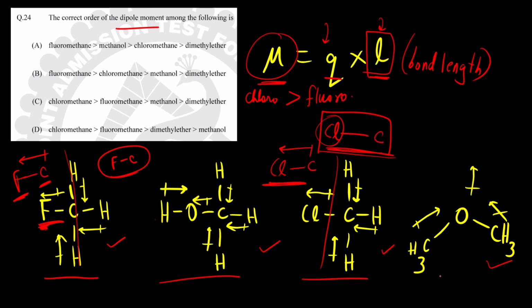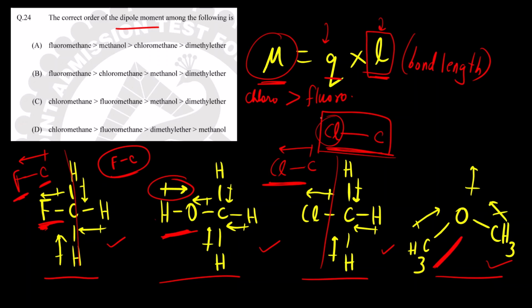And now between this and this, how can you compare? If you compare halogens with this OH, you can see the dipole moment direction is opposite, right? So this OH will have a lower dipole moment, but the OH bond is more polar as compared to the carbon oxygen bond.